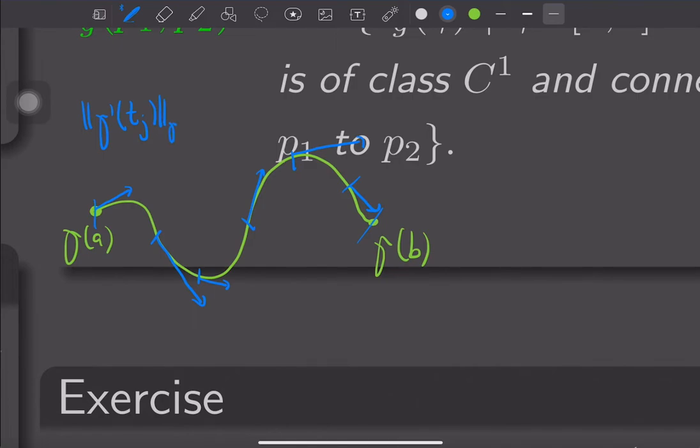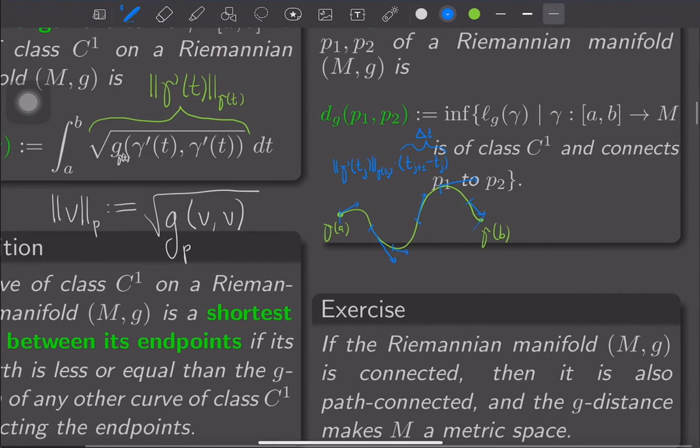This norm is measured at the point gamma of tj, times the amount of time that this speed is applied. That's an approximation of this distance, times what in calculus one writes as delta t. Let's say t j plus 1 minus tj, my delta tj.